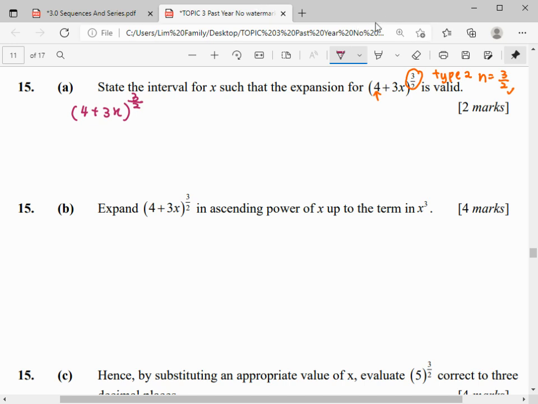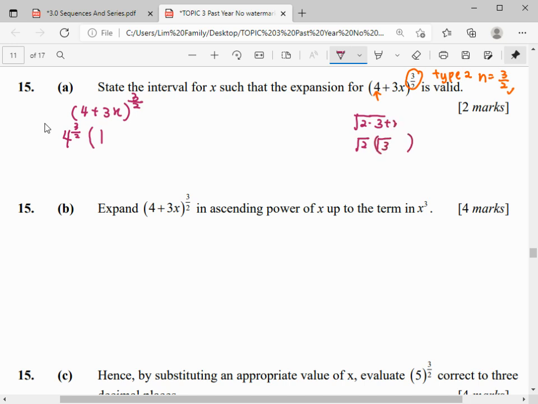The first thing here is not 1, it's 4. What can we do? We want to get 1, so we have to factorize it out. When I factorize out this 4, it has to be raised to the power of 3 over 2. Then only I can factorize it out. It is the same meaning as root 2 times root 3, so I can factorize out root 2, root 3.